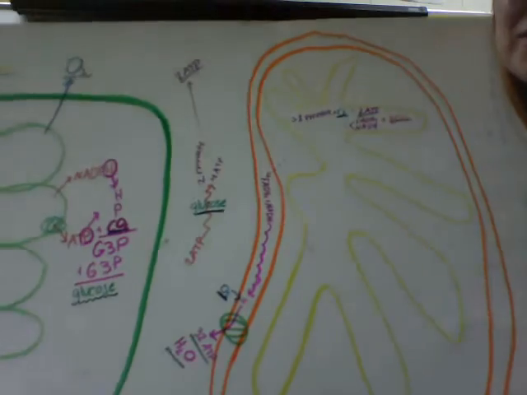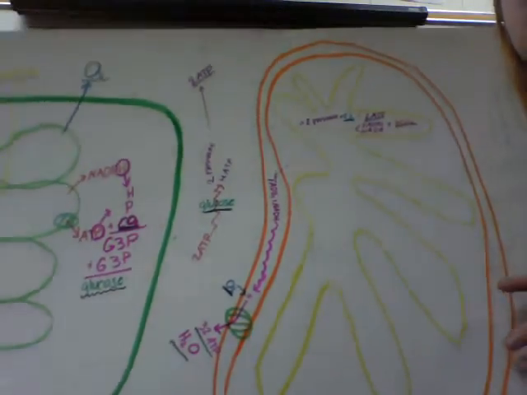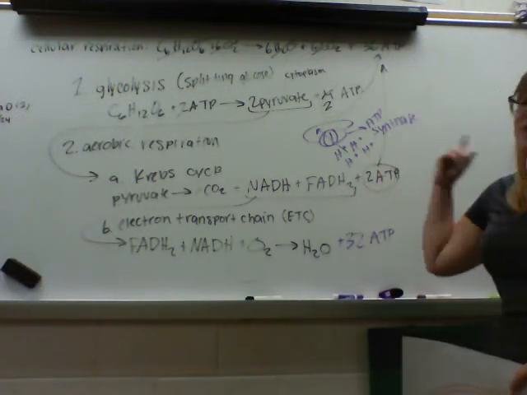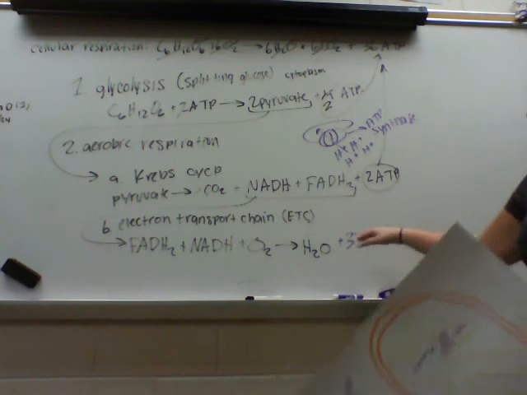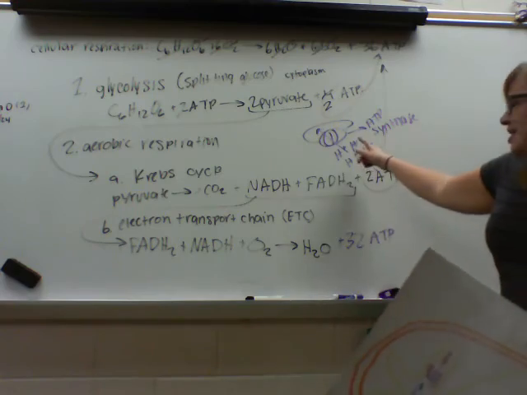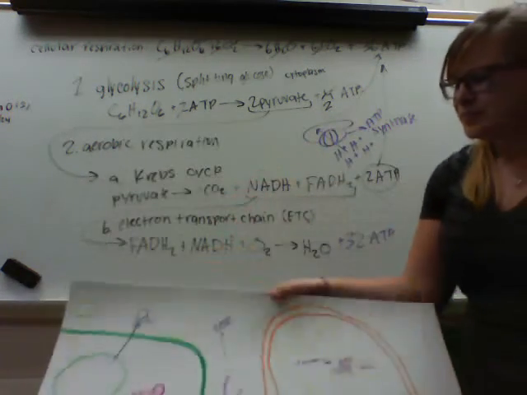You have so many H's that they want to move from an area of high concentration to an area of low concentration. And so they have to travel through ATP synthase. When they do, ATP synthase spins, and they get the remaining 32 ATP. When ATP synthase spins, it produces the remaining 32 ATP.